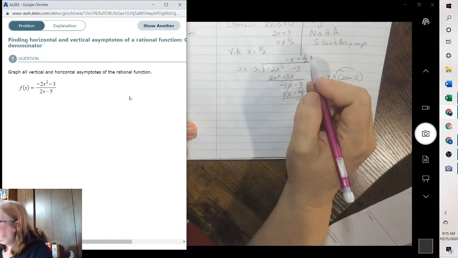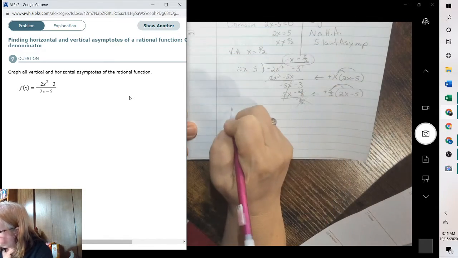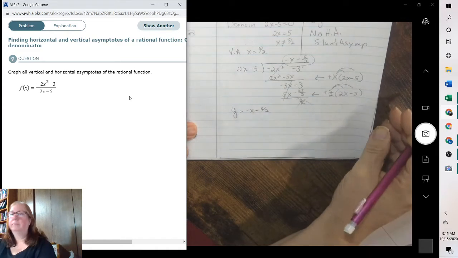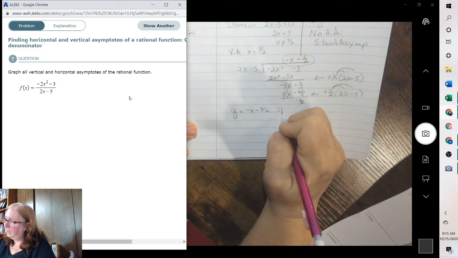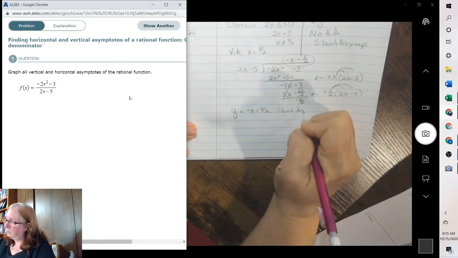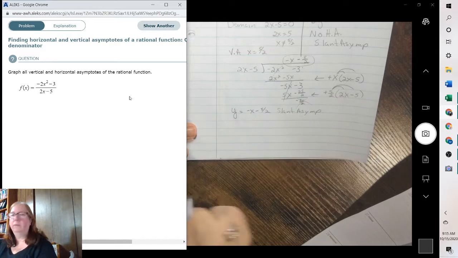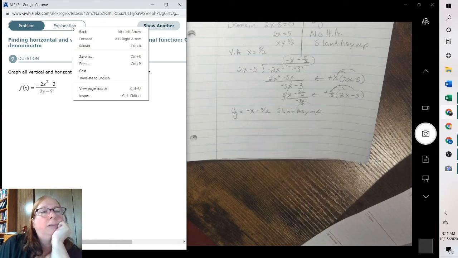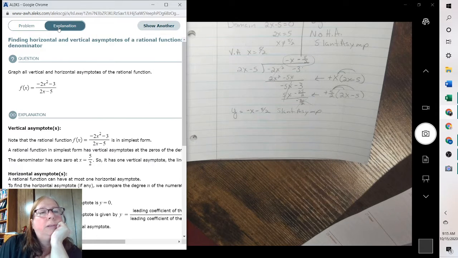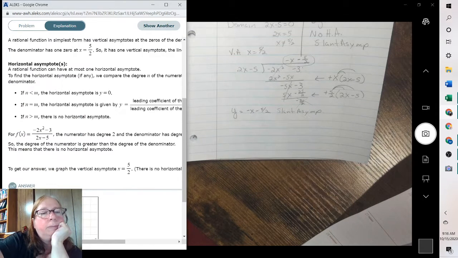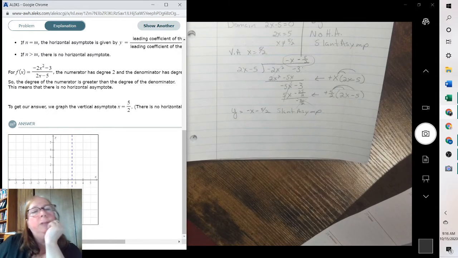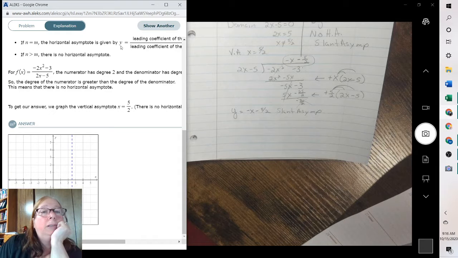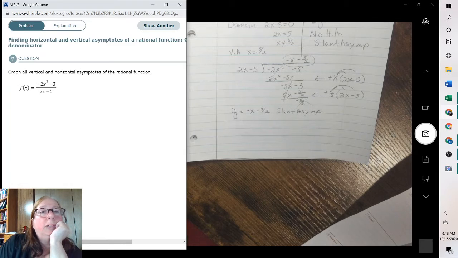We know that it will approach this line, and so this would be our slant asymptote. I don't think they're looking for that in this section. I think you just say that there's no horizontal. Yeah, there's only a vertical. But we will need this, so I wanted to go over it. Try one more.